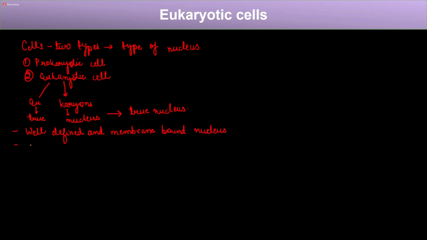Second, a eukaryotic cell is said to have extensive compartmentalization. What do we mean by compartmentalization?